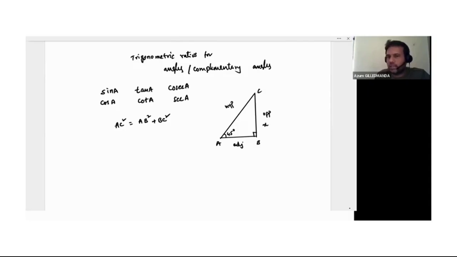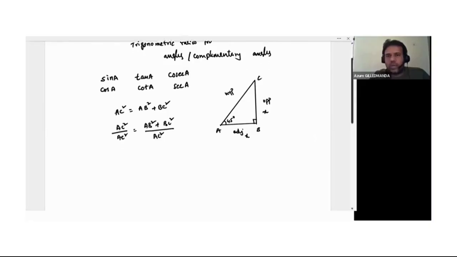Let's say if this is X, this should also be X, because if both the sides are equal, then only we will have 45 degrees there. So now both the opposite and adjacent sides are equal here. I am dividing with AC square on both sides. Let's see what happens. AC square by AC square equal to AB square plus BC square by AC square, right?